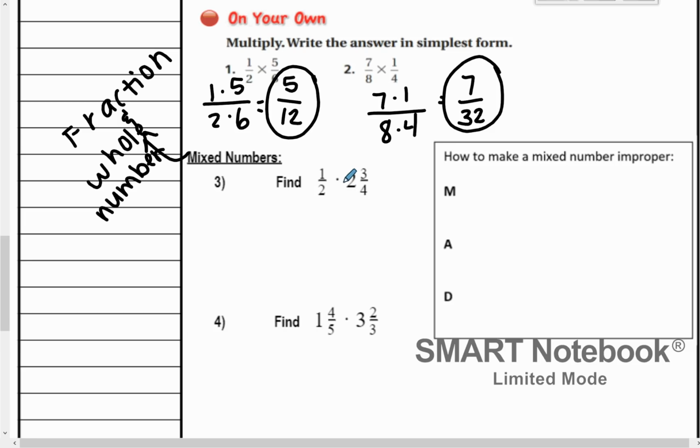So how do we make a mixed number improper? We are going to follow the steps MAD. That M stands for multiply. So we are going to multiply the whole number by the denominator.